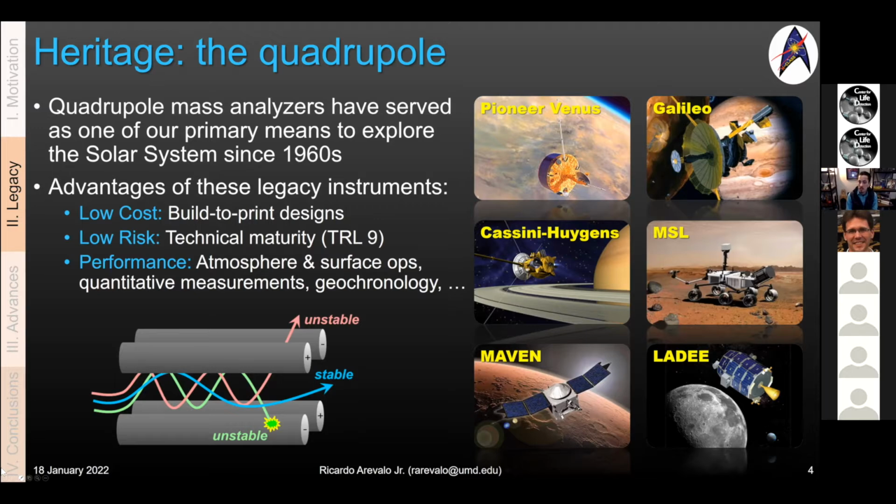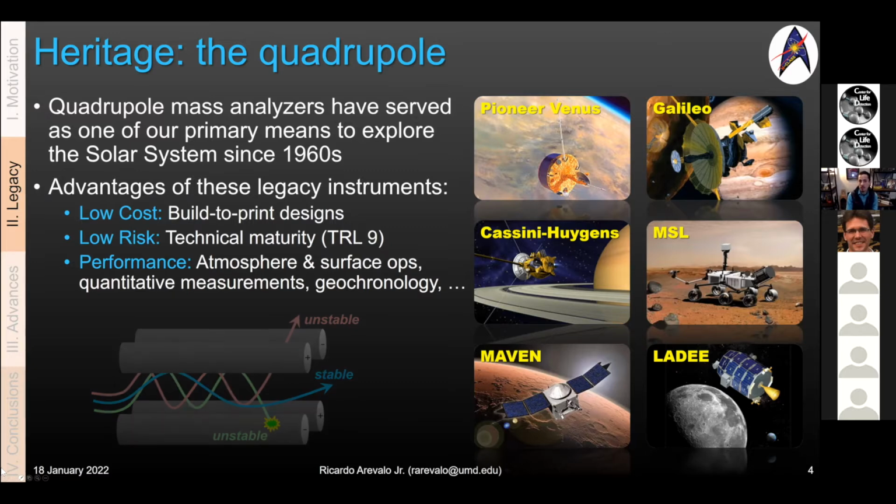Because of that, there's a lot of technical maturity. They've been ruggedized and deployed to a variety of planetary environments: landers, atmospheric explorers, exospheres, etc. So we understand the science that they provide, and it is a rich amount of science.